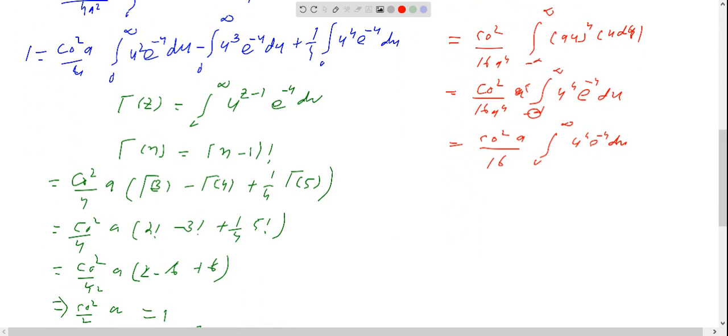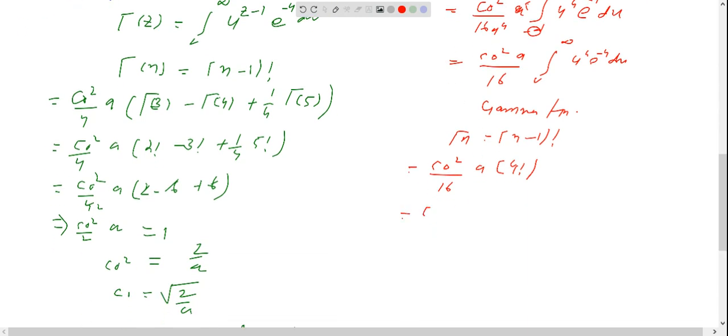Again we use the gamma function, as gamma n is equal to n minus 1 factorial. So therefore c naught square out of 16 a into 4 factorial.